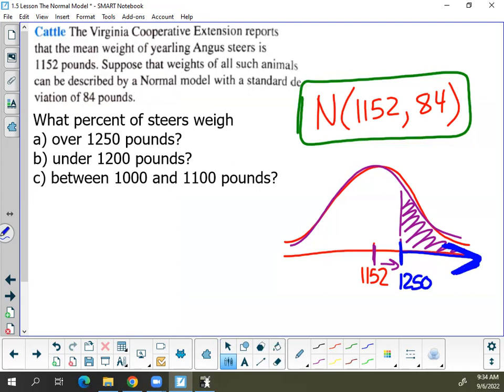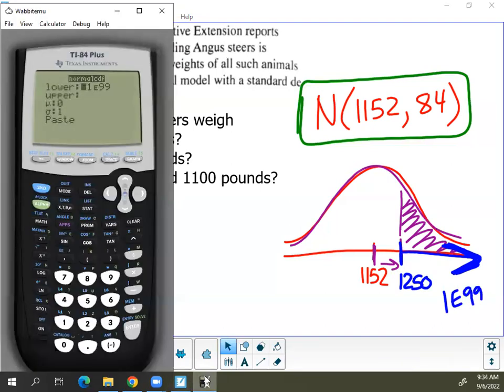And so usually to represent that, I'm going to say it's 1e to the 99. Just a really, really big number. And so when it says lower, that means left. It's like, hey, where's the area on your curve? Where's the left? The left is at 1250. The upper side is that tail that goes on and on forever. So I'm going to say 1e to the 99.